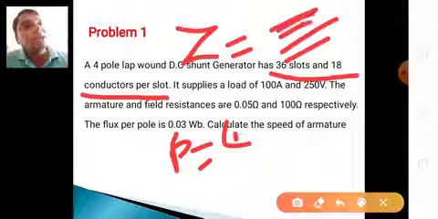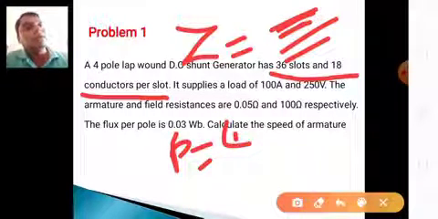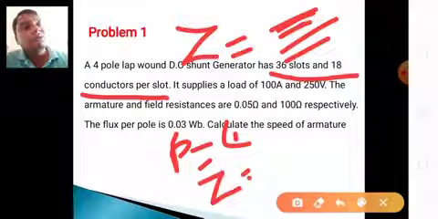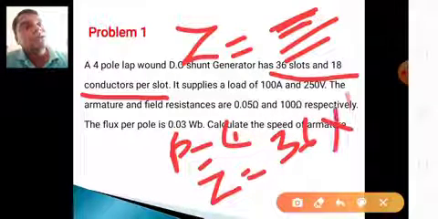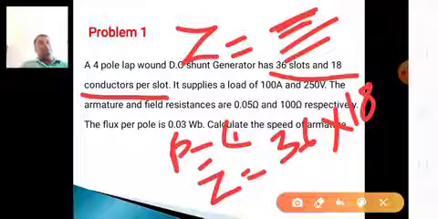In one slot it is 18 conductors, so total Z equal to 36 into 18. Total slots are 36, each slot containing 18 conductors, so Z equal to 36 into 18, right?